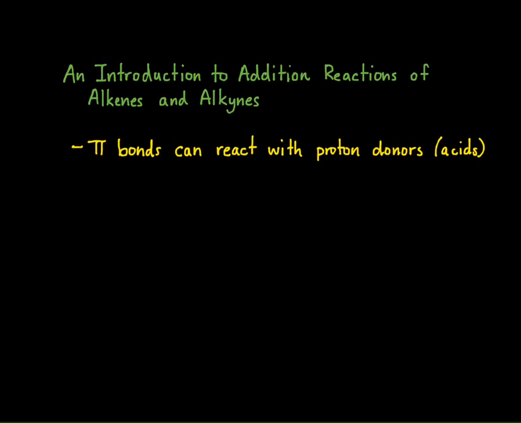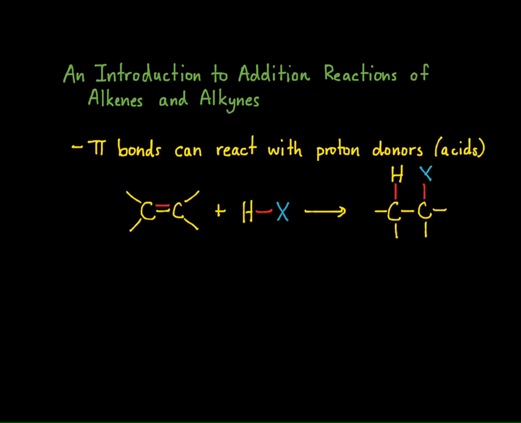Right? So if I take an alkene and I react it with HX, where HX is an acid. So when we're first being introduced, X is going to be a halogen, so HBr or HCl. And notice I'm highlighting the pi bond of that alkene.